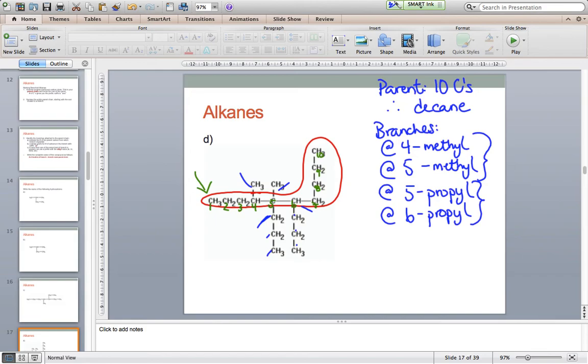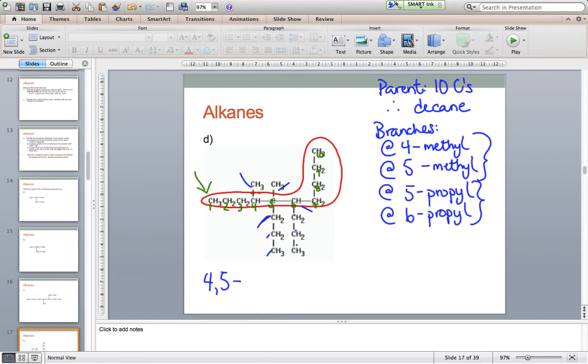Okay? Let's deal with this example here. Alphabetically, methyl M comes before propyl P. So I need to indicate that I've got 2 methyl branches. It seems a little bit redundant, but I do that 2 ways. 4, comma, 5, ooh, new punctuation, I'll get to that in a second, dash.